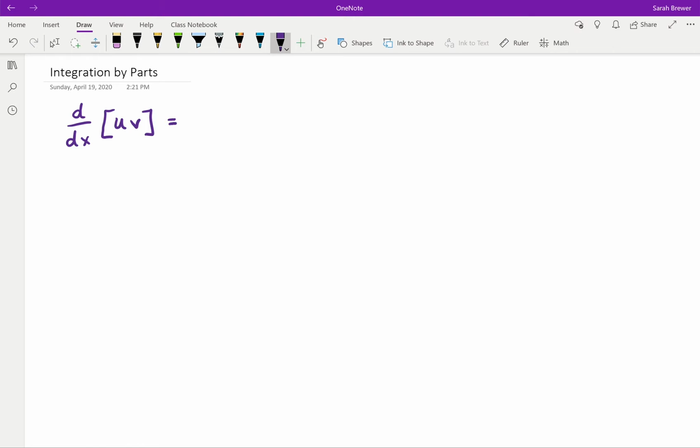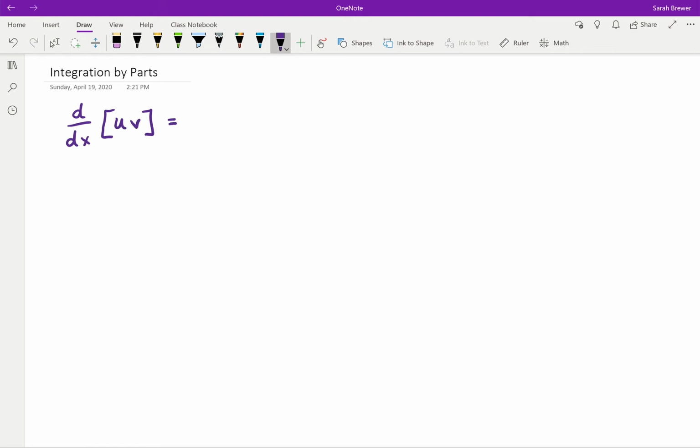that the derivative of u times v would be u times the derivative of v plus v times the derivative of u, right? And because both u and v are functions of x, we have to be careful.